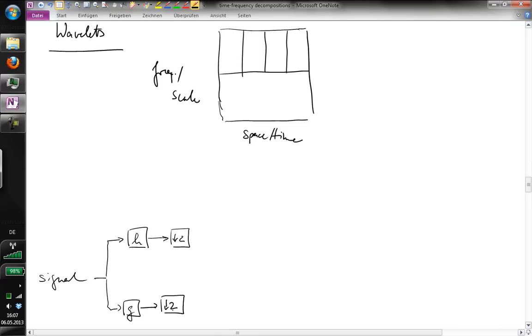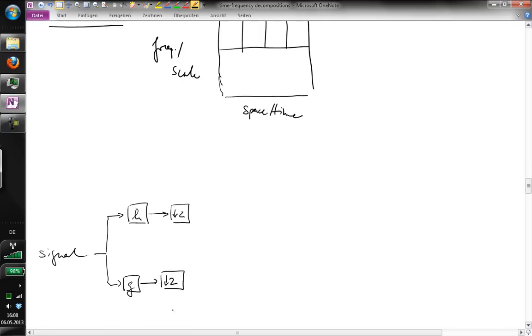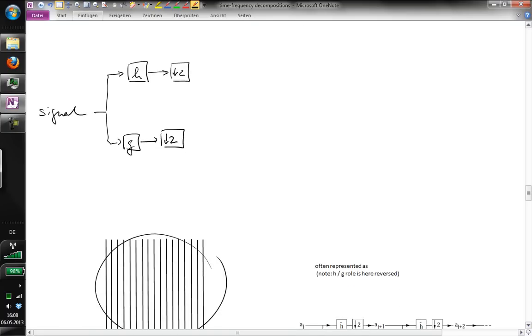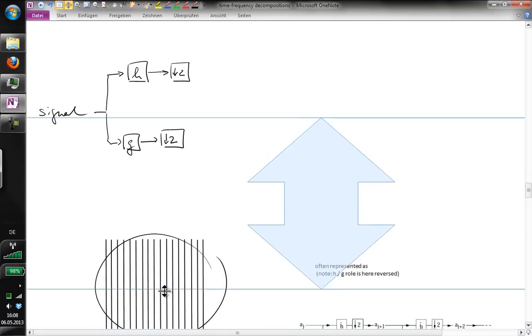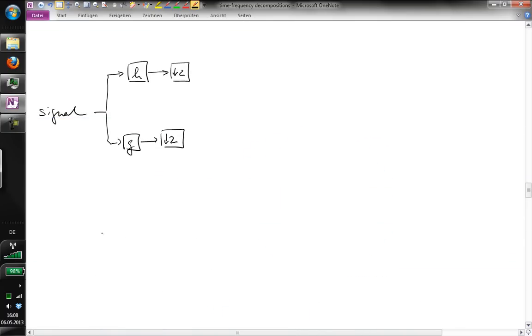Now note that, provided G and H fulfill certain conditions, this downsampling is not associated with any loss of information. Let me try and explain in terms of pictures again.